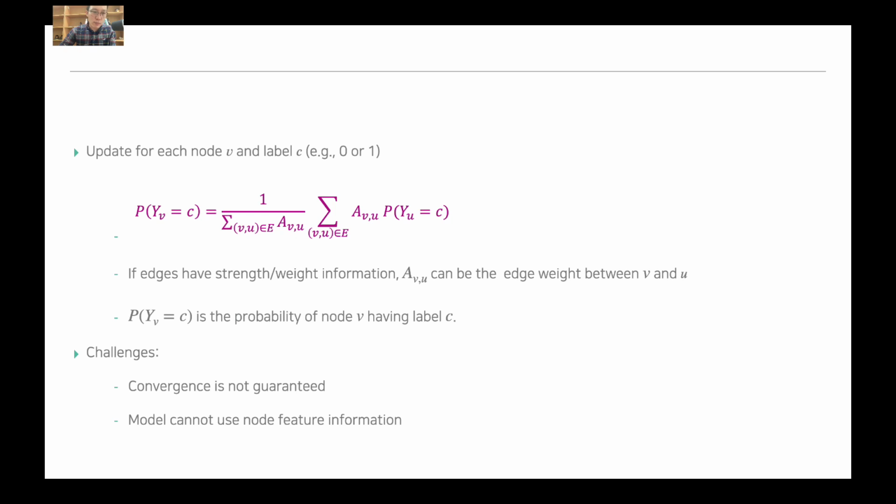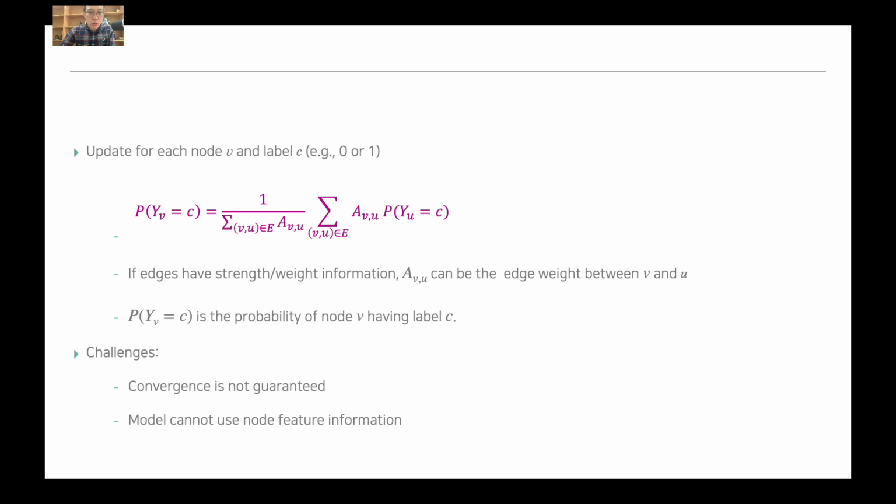So to compute the probability of the label of node V being equal to C, in short, Y_V is the same as C, we summate and normalize the neighborhood's probability. So it is quite similar to the graph convolutional neural network, right? Actually, that is inspired from these settings.